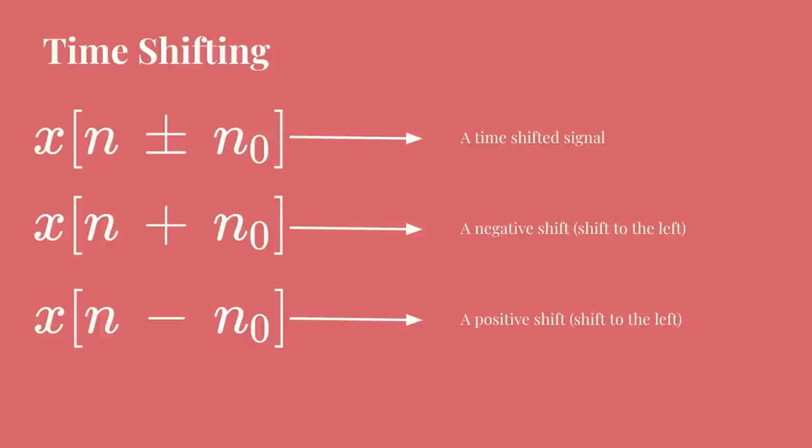We can shift a signal to the left or to the right. Plus is going to be to the left, and that's an advancement. Minus is going to be to the right, and that's a delay.